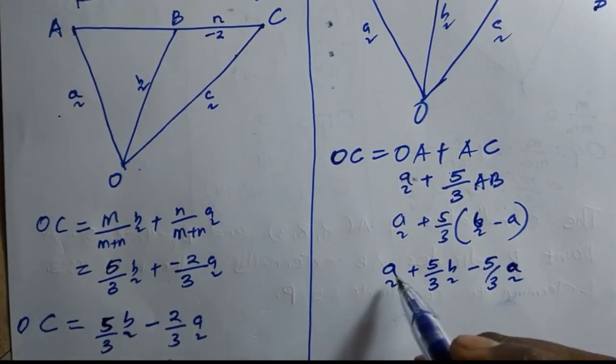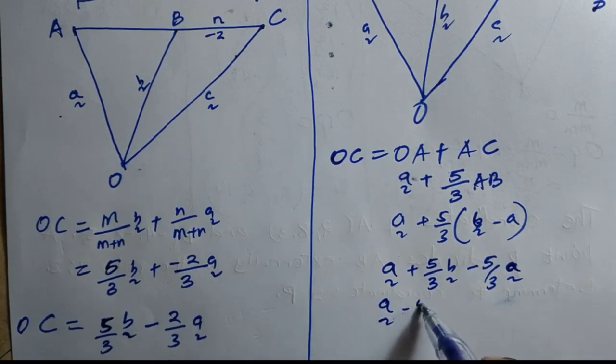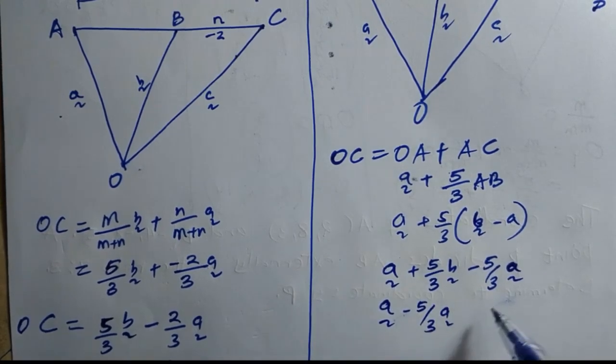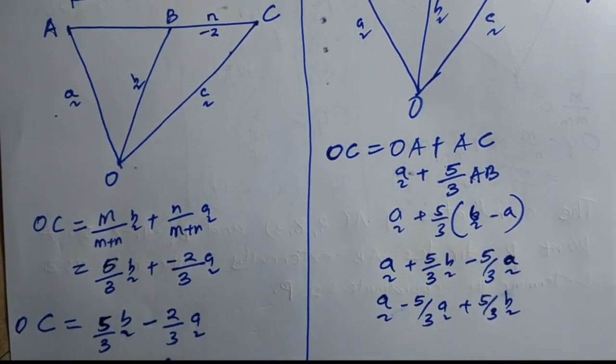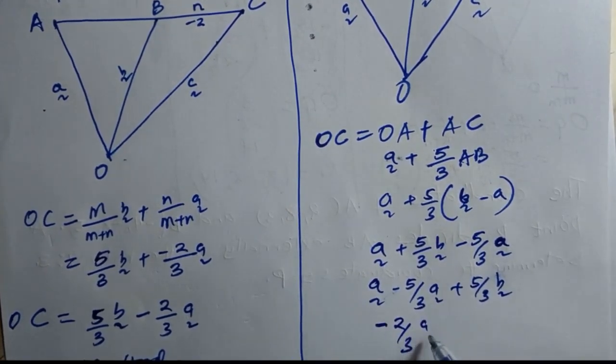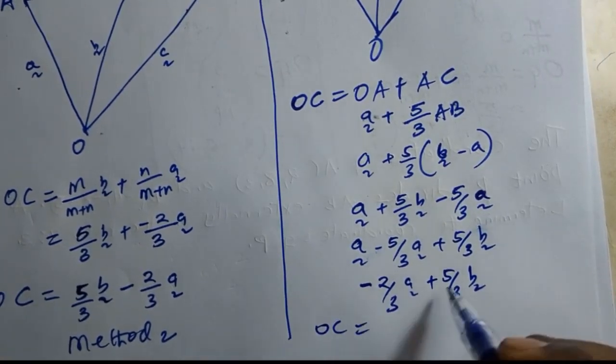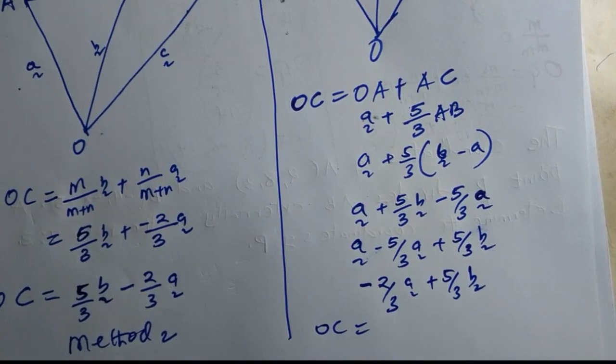Like terms together: a minus 5 over 3 a plus 5 over 3 b. This one is going to be minus 2 over 3 a plus 5 over 3 b. So OC is equal to, starting with positive, 5 over 3 b minus 2 over 3 a.